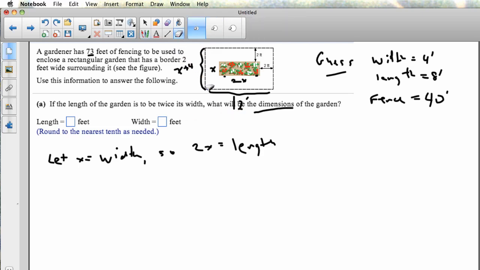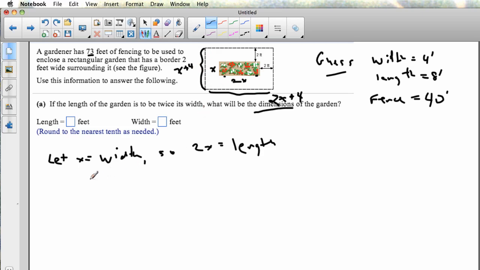And then finally, instead of the 12 feet, it's going to be the size of the garden, the 2x, plus again a 2-foot cushion plus a 2-foot cushion. So on this side, I should label this 2x plus 4. In each case, the fencing goes 2 feet beyond the garden in each direction, so I'm adding 4 to the width of the garden and 4 to the length of the garden.